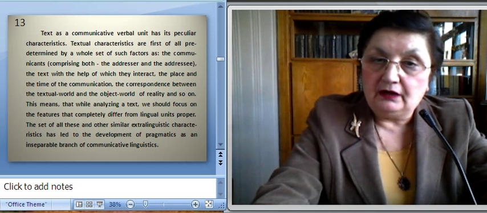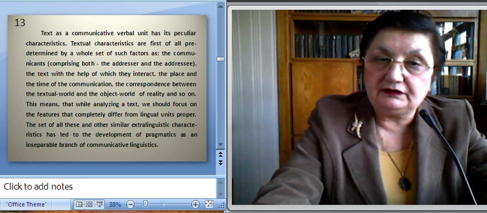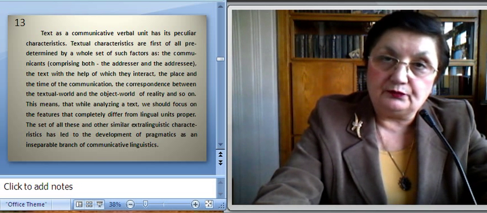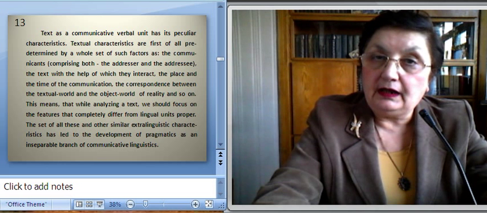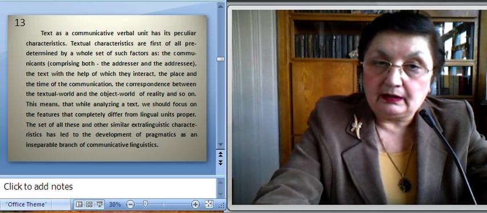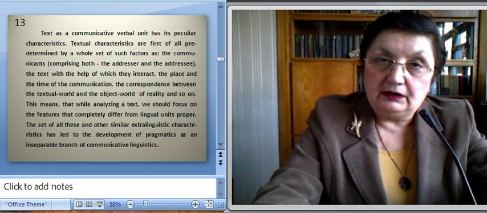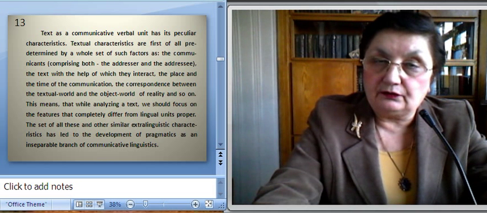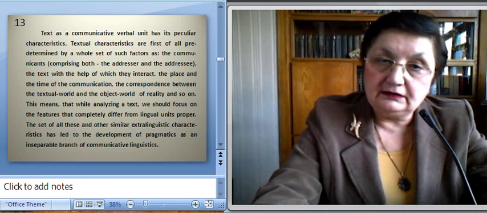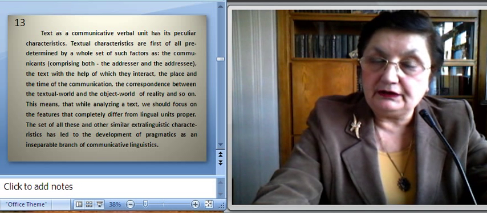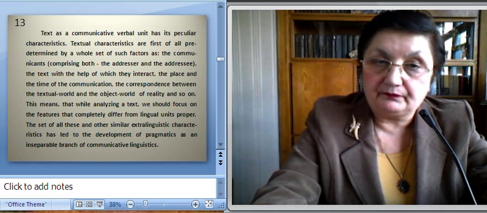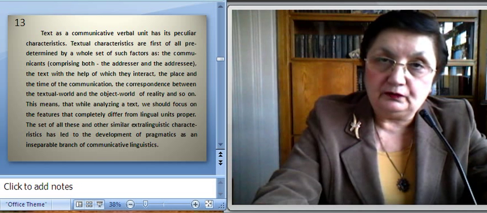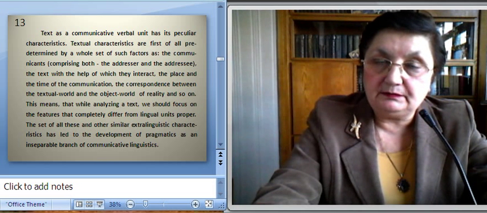This means that while analyzing a text, we should focus on the features that completely differ from lingual units proper. The set of all these and other similar extra-linguistic characteristics has led to the development of pragmatics as an inseparable branch of communicative linguistics.